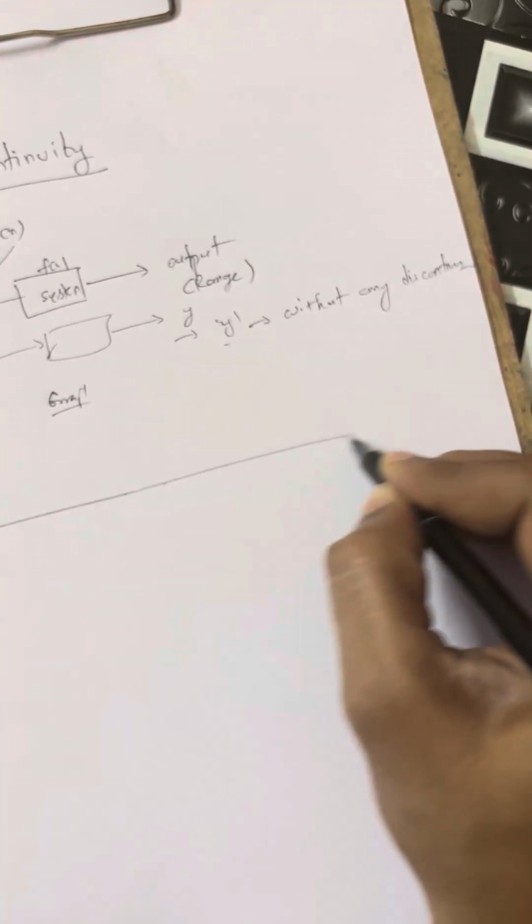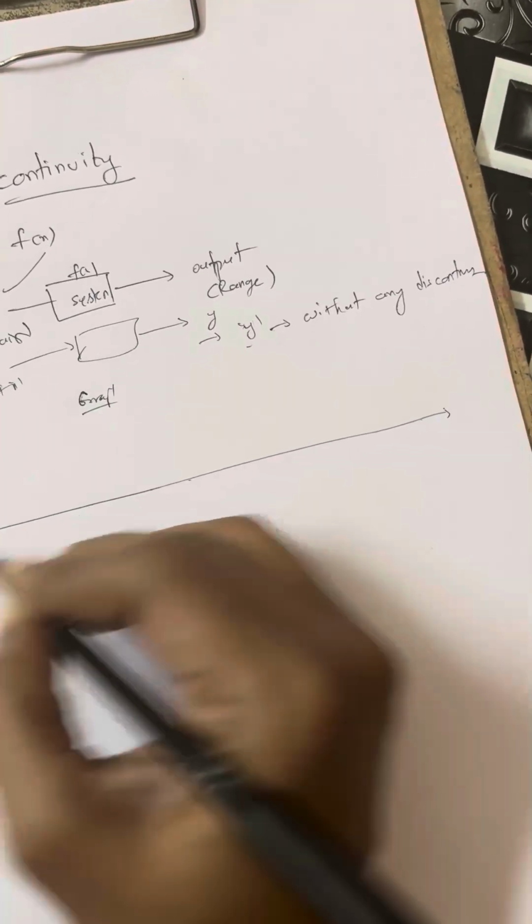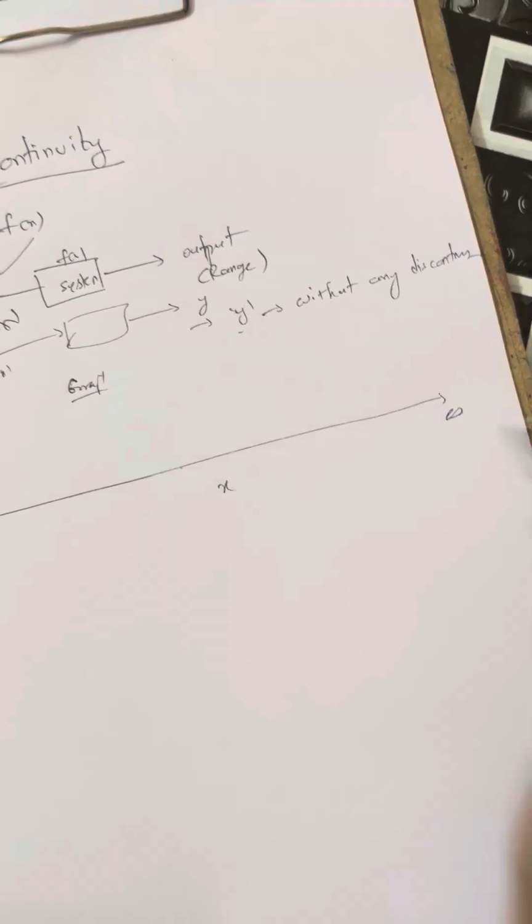So we have x values ranging from minus infinity to plus infinity on a scale.